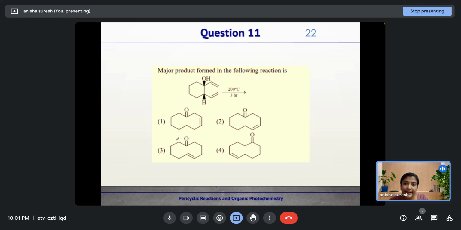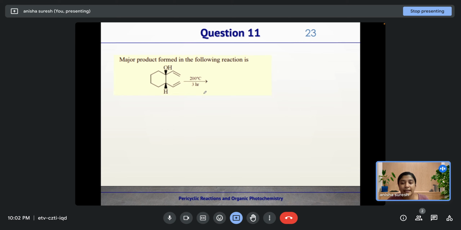Now coming to question number 11. The major product formed in the following reaction is. So this is an example of 3,3 sigmatropic rearrangement, that is Claisen rearrangement. So we will see the mechanism. You will get. So the stereochemistry of hydrogen will not matter now because a double bond has formed there.